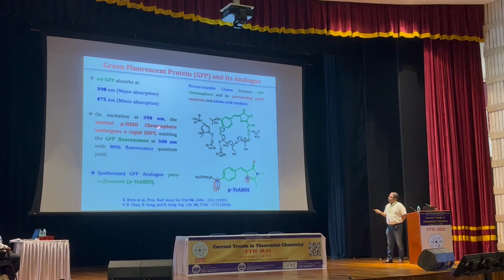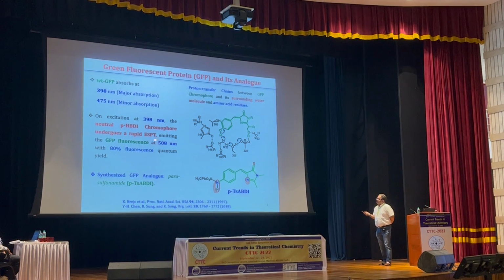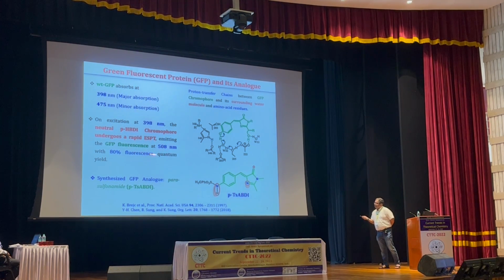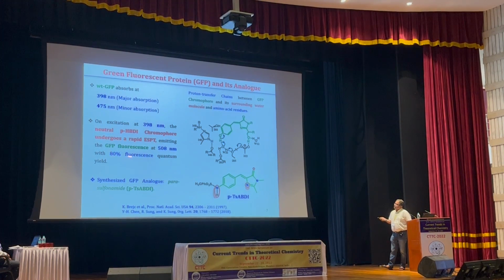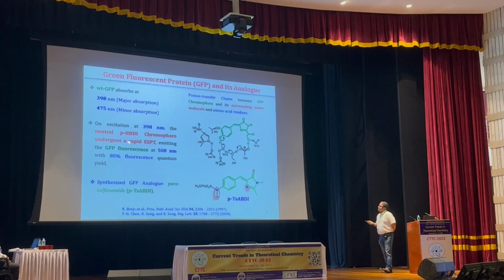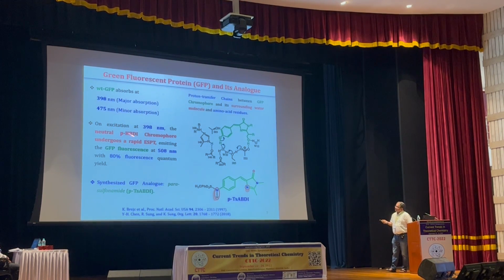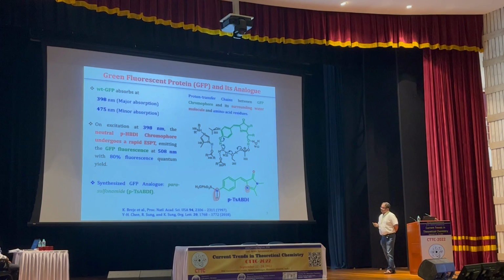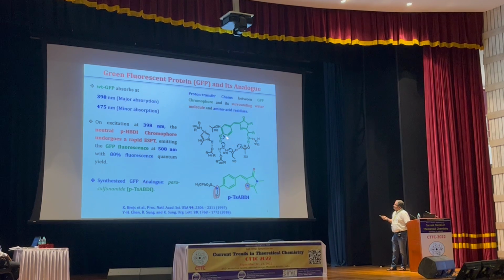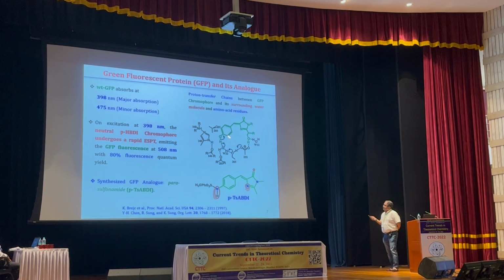Once excited, it yields green fluorescence at 508 nanometers with a maximum fluorescence quantum yield of 18%. It's very interesting to see that this kind of chromophore can yield this much fluorescence. This is the structure of the proton transfer chain in the normal PHBDI.